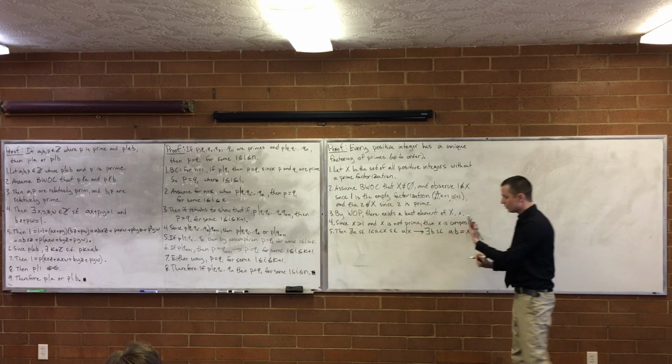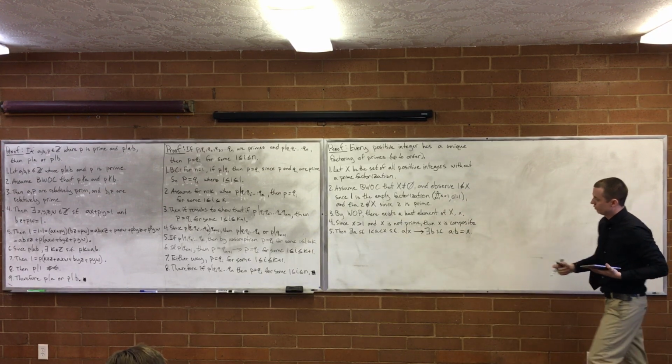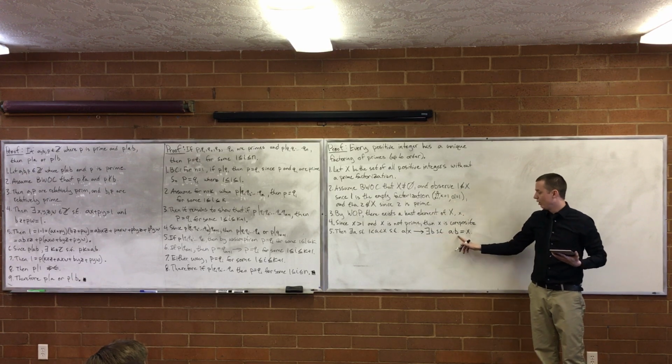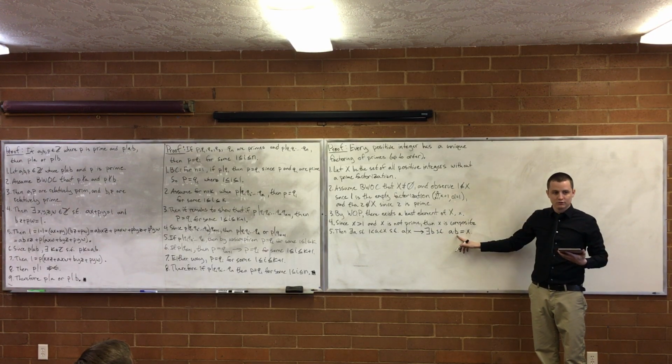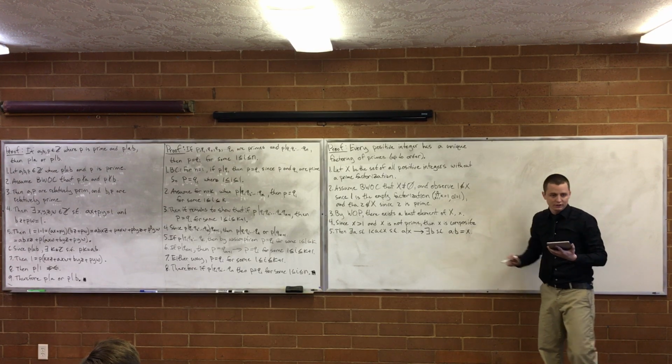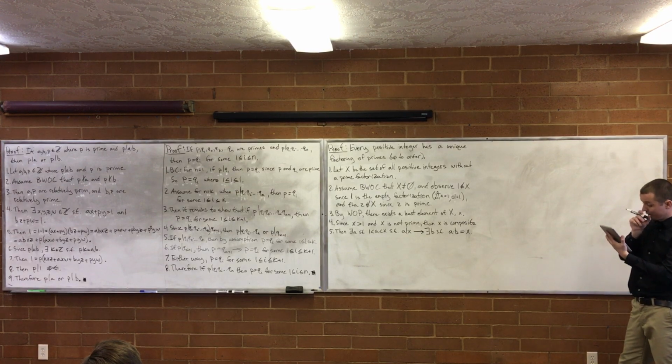Now we know that because a is positive, this integer b also has to be positive. x is positive and a is positive. We can't multiply a by a negative integer to get x. So therefore b is also positive.